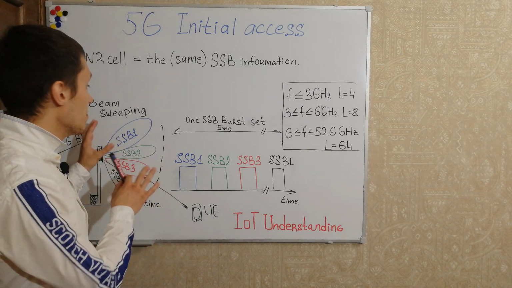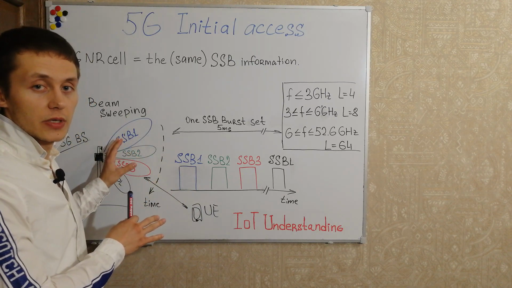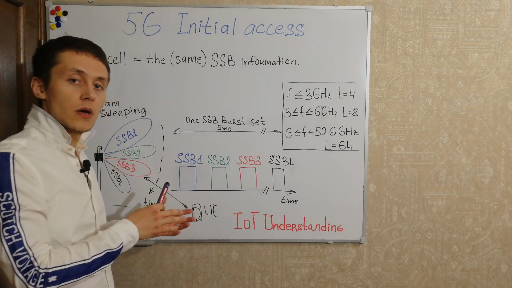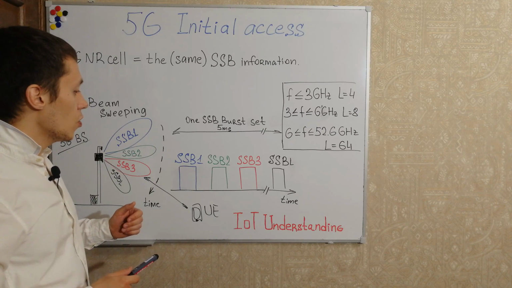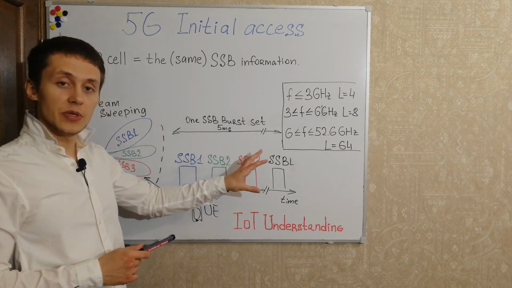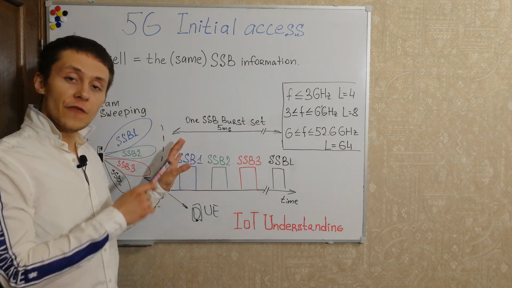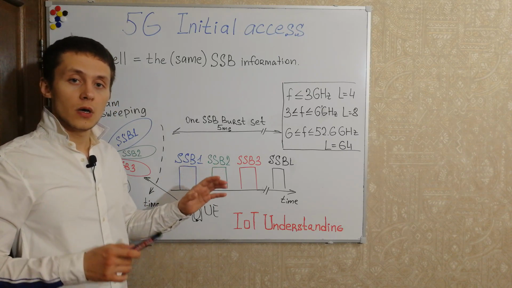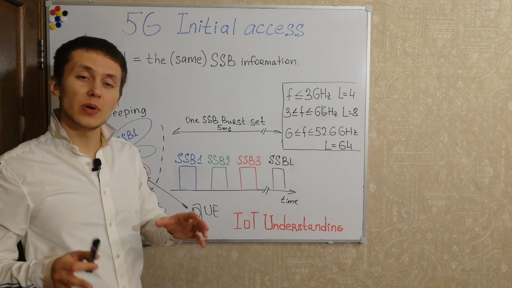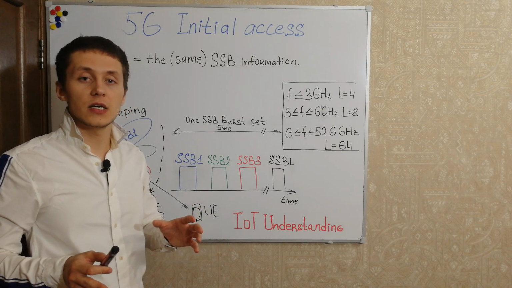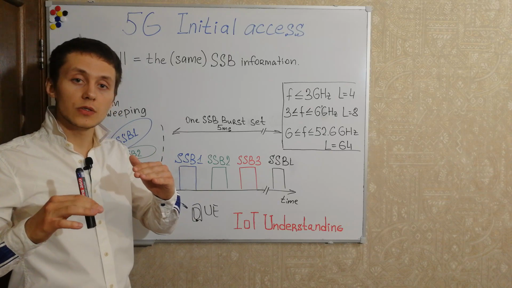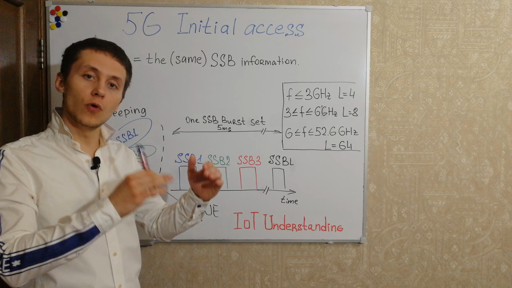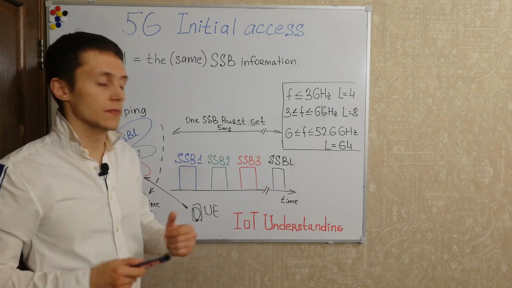So this is the main idea of beam sweeping, that it's used even for the initial access procedure. So this was the time domain organization. In frequency domain, every synchronization signal block is organized in a specific way, but the main thing is to have coexistence with the LTE system in order to avoid interference with LTE.